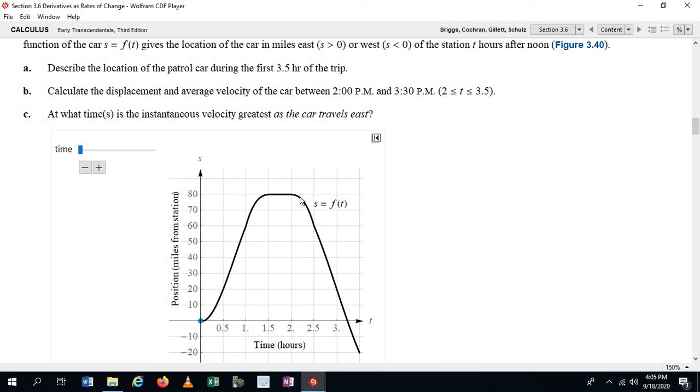Okay, and then it appears that from 2 to 3.5 hours, the object begins to move west because its position is now getting smaller, 70, 60, 50, and then eventually it gets back to 0, so it went back to the police station. And then after that, it actually continues to head west on the other side of the police station. So it's at -10 and then -20.